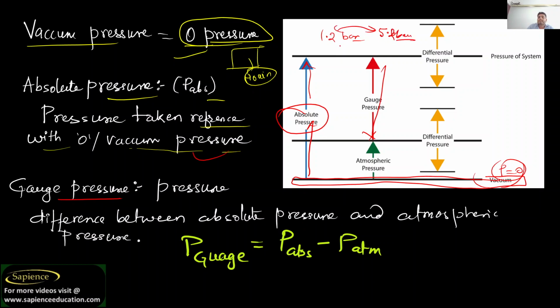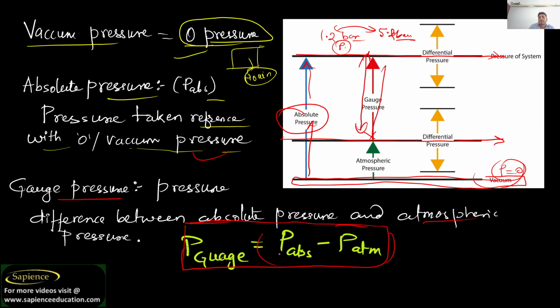Gauge pressure is the difference between the absolute pressure and the atmospheric pressure. Suppose this is your atmospheric pressure and this is your absolute pressure. The difference between them is known as gauge pressure. So if you want to find gauge pressure, subtract atmospheric pressure from absolute pressure.